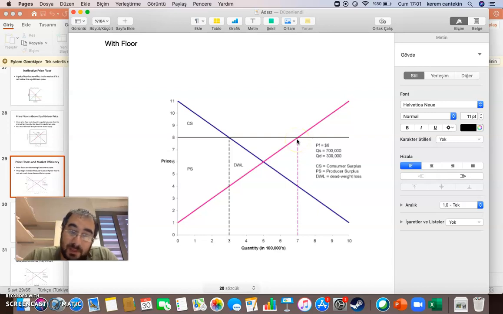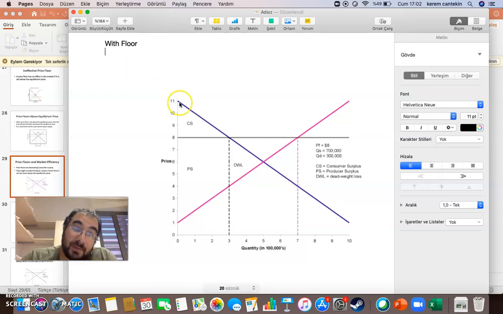I mean, the producers are willing to sell 7 units, but the buyers are demanding only 3 units. Since buyers don't buy more than 3 units, whatever the sellers are willing to sell, only 3 units will be sold in the end. So 3 is the number of units of our good being sold.